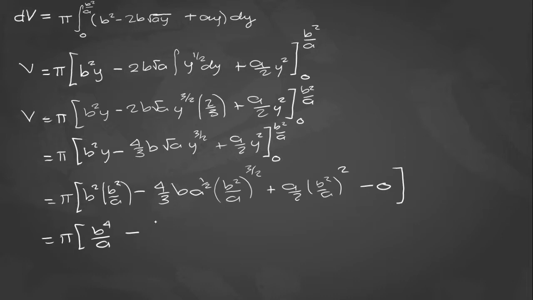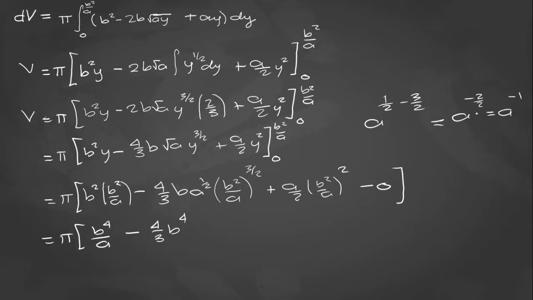So we have 4 thirds b raised to 4. Now, the power of a is 1 half, and the power of a here is 3 halves. According to the power rule, we have 1 half minus 3 halves. So this will become 1 minus 3, which is negative 2, negative 2 over 2, so our a is equal to negative 1.